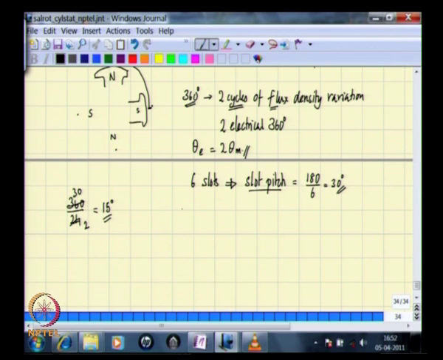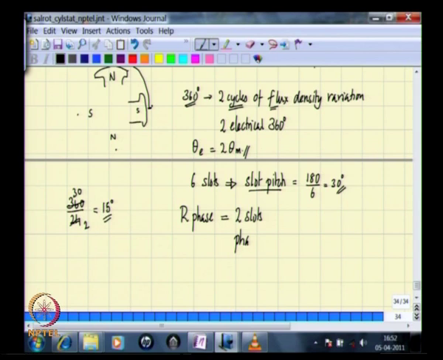And if you take the R phase, it occupies two slots, which means it is distributed over two slots, and the number of slots or the electrical angle equivalent to the number of slots over which a particular phase winding is distributed is called phase spread.